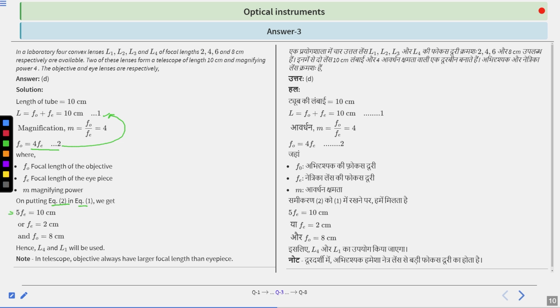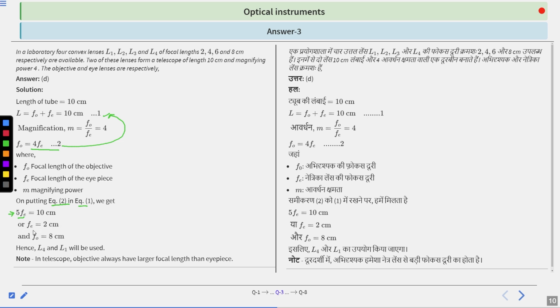Listen carefully: FO is equal to 4 FE, so putting the value of FO, 4 FE plus FE is equal to 5 FE, and 5 FE is equal to 10 centimeter. So FE is equal to 10 divided by 5, that is equal to 2 centimeter.